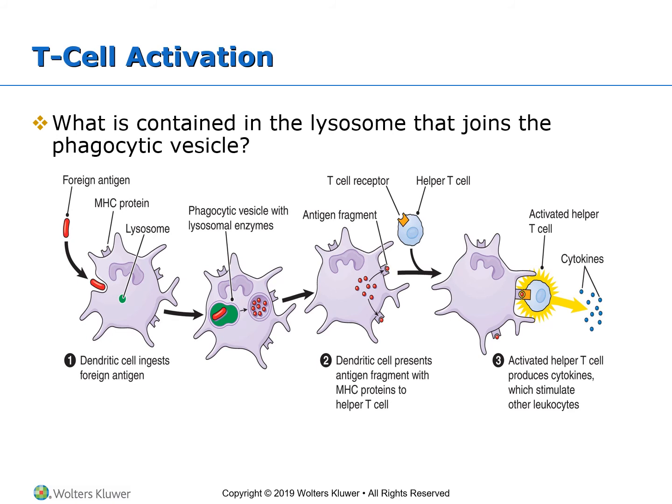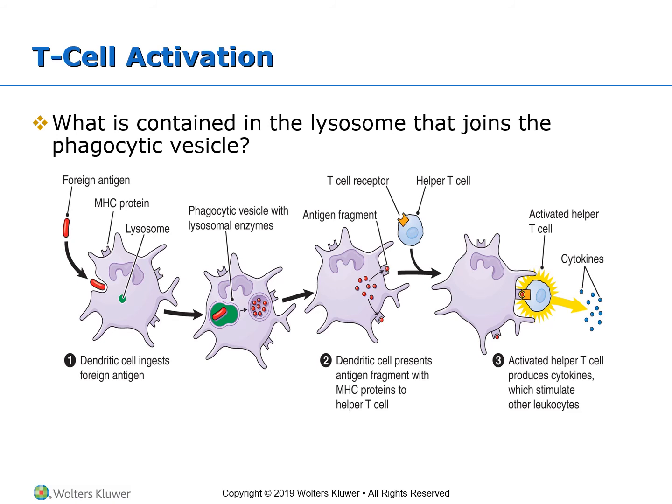This diagram is presenting to you the activation of the T cells. The dendritic cells will recognize the foreign antigen and will engulf it. With the use of the lysosome and their enzymes, they will completely destroy the bacteria or the foreign antigen and transform it into microparticles.